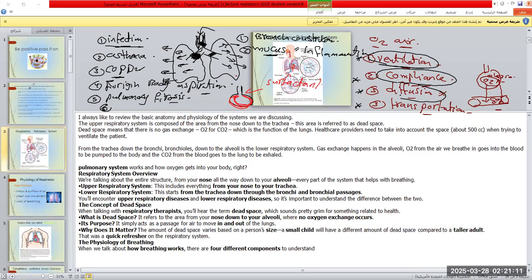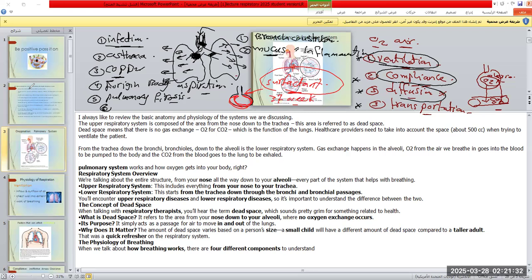Okay? So if the patient has surfactant deficiency, our alveoli are going to collapse. How does surfactant deficiency happen? The maturation of surfactant substances happens at the 37th week of pregnancy.